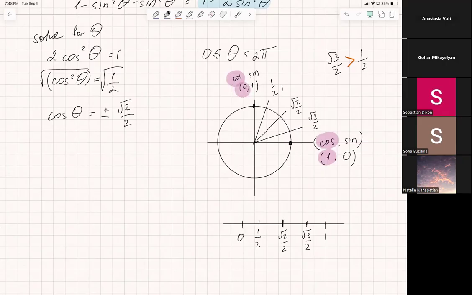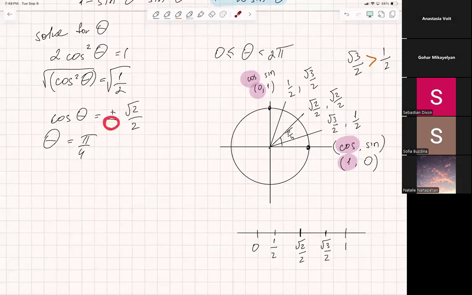For sine, the other way around. Since 1 is right here and 0 is here, sine would be 1 over 2 at pi over 6 and square root of 3 over 2 at pi over 3. And both are square root of 2 over 2 at 45 degrees, or pi over 4. So we can say that theta is equal to pi over 4, but you see that we also have a negative square root of 2 over 2.